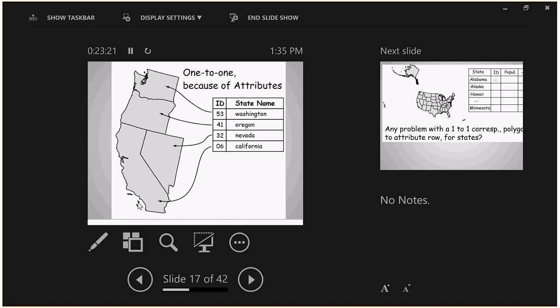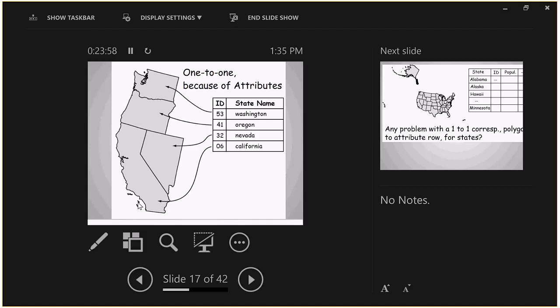Oregon has islands, as does Washington. And there are whole states, well, Michigan is the biggest example, that have two huge parts associated with them in addition to islands. Virginia has a little piece of a peninsula over here. Hawaii is made up of a number of islands itself. So one row in an attribute table can have multiple polygons associated with it, but those are all considered one feature, one entity.